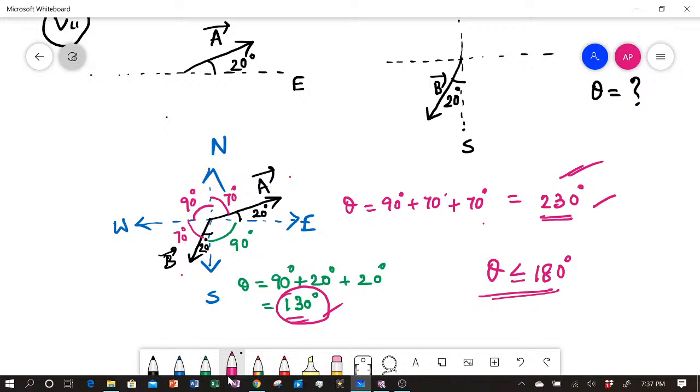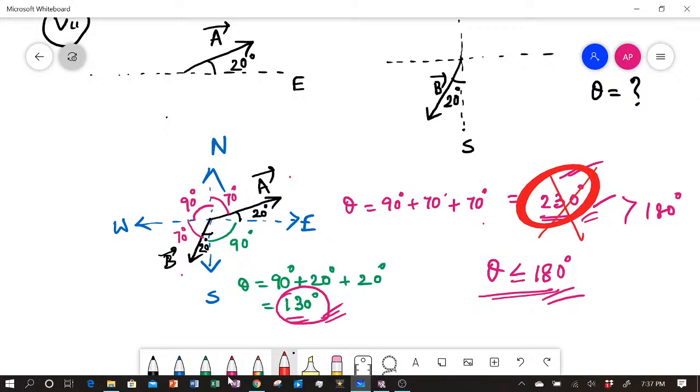The angle that is 130 degree is less than 180 degree and 230 degree is greater than 180 degree. That's why we should not take 230 degree as our answer, and our answer should be 130 degree.